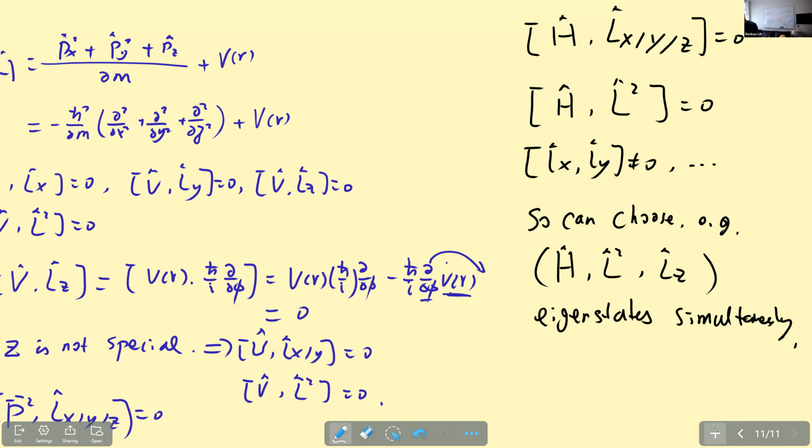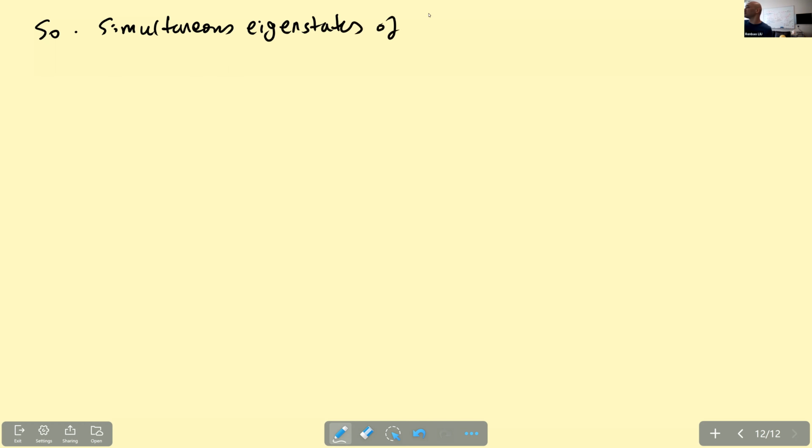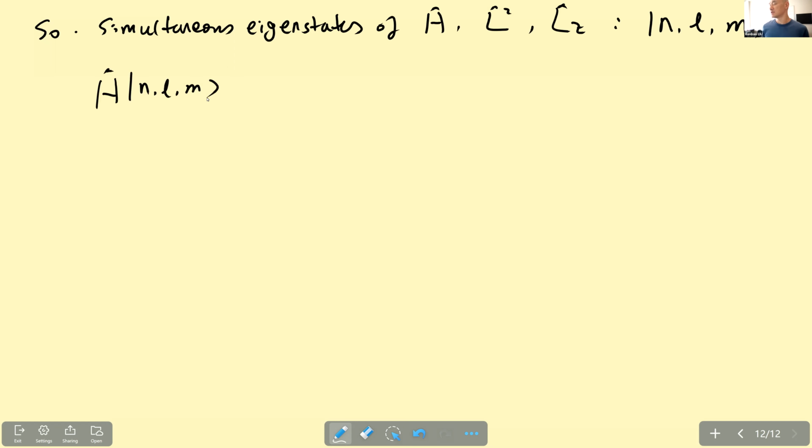So that means, for example, we can write down a state, the simultaneous eigenstates of the Hamiltonian, L squared and Lz, which can be labeled as n, l, m, so that the Hamiltonian acting on n, l, m will just equal the energy.